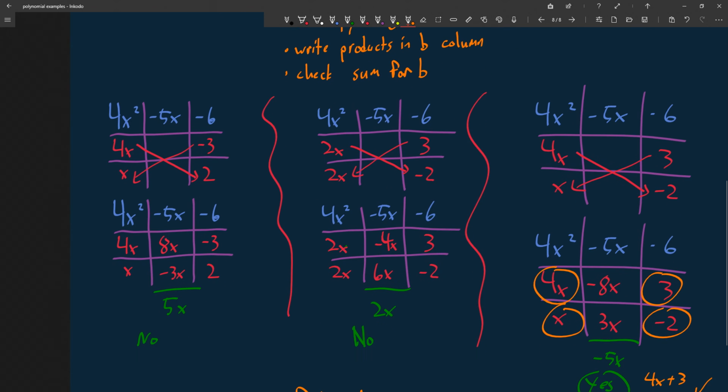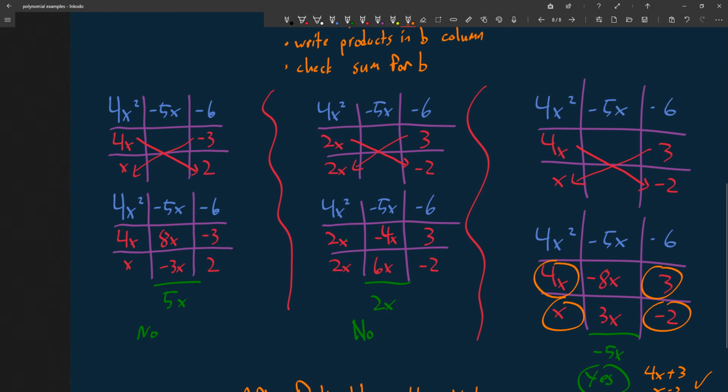So we'll try two that don't work and one that does. So here if we do 4 and 1, and over here negative 3 and 2, our products are 8 and negative 3. We get 5. We're looking for negative 5. No good. Here, if we try 2 and 2, so 2 times 2 is 4, and 3 and negative 2, our products are negative 4 and 6. We add them together, we get positive 2.